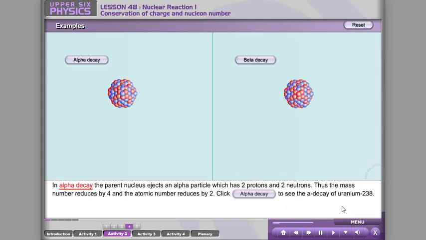In alpha decay, the parent nucleus ejects an alpha particle which has 2 protons and 2 neutrons. Thus, the mass number reduces by 4 and the atomic number reduces by 2. Click the alpha decay button to see the alpha decay of uranium-238.